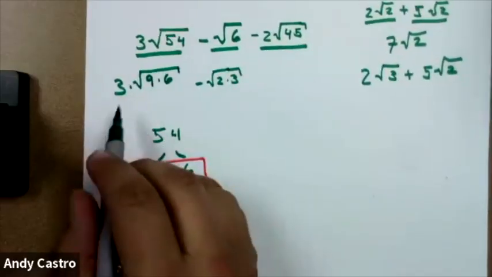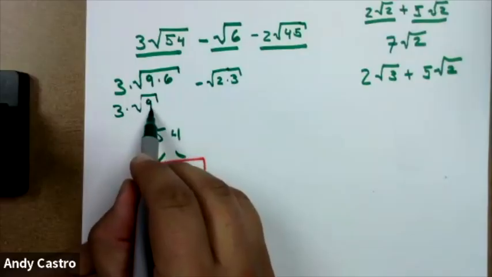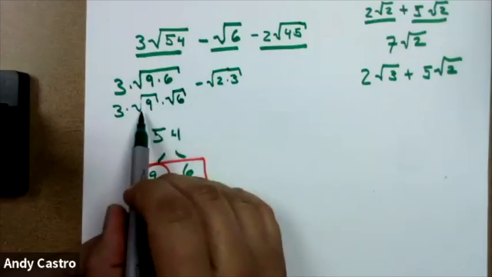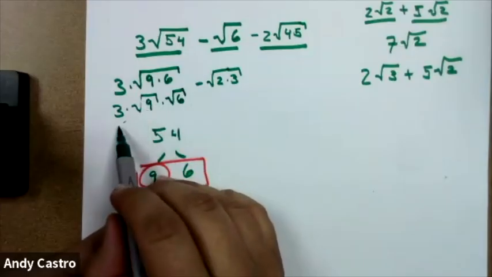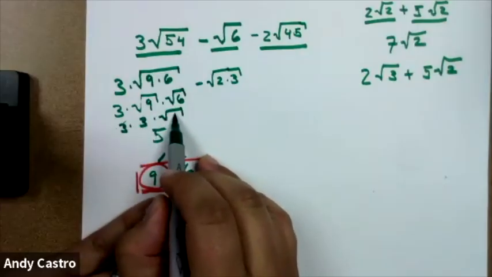Then the root of 9 I can isolate: 3 times the square root of 9 times the square root of 6. And here the square root of 9 is 3. So I have 3 times 3 times the square root of 6.